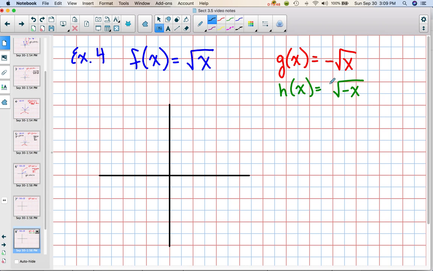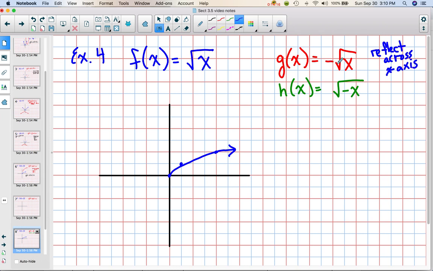I want to show you what happens in this particular graph. So here is just our square root function. So I'll put that back on here. Okay, now this one is just reflecting across the x-axis.